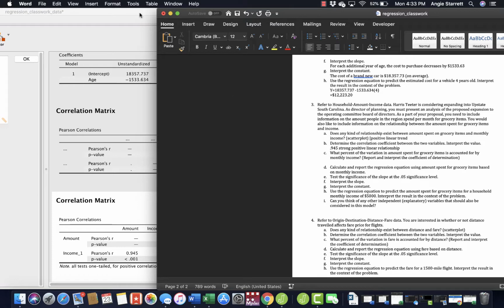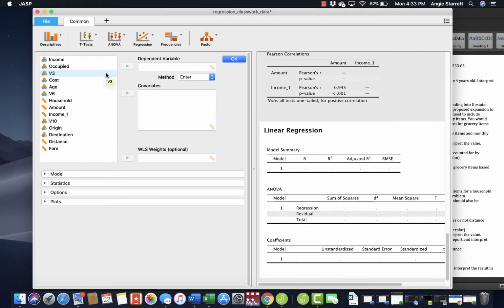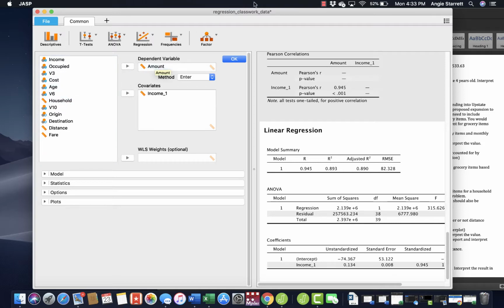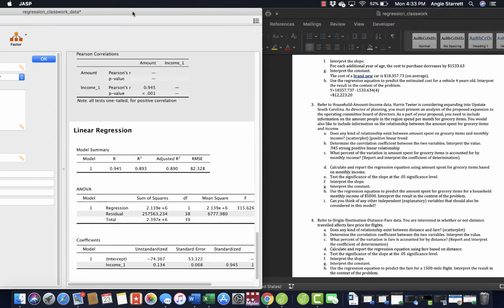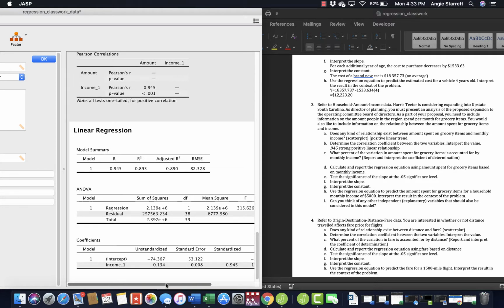All right, so now we need our regression. So we go into linear regression, and we put in amount spent on groceries explained by the income. Checking everything, we see our constant is not significant and our income is significant. So that just means when we go to interpret this negative 74, we can interpret it as 0.